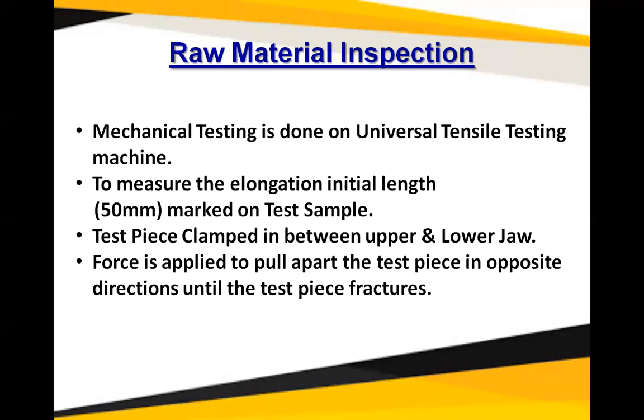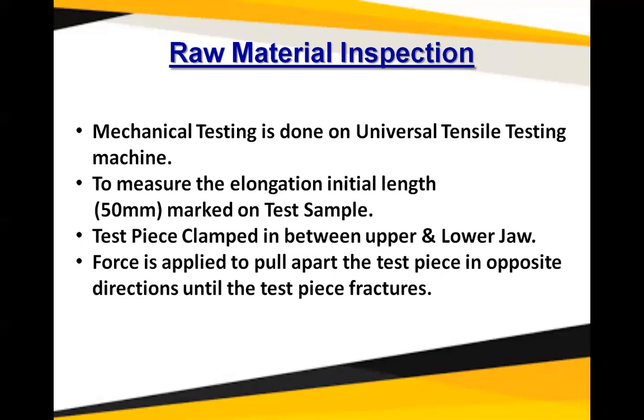To measure the elongation, we mark an initial length of 50 mm on the sample, so that we can calculate the elongation after the test completes. So the initial marking is done over a 50 mm length.